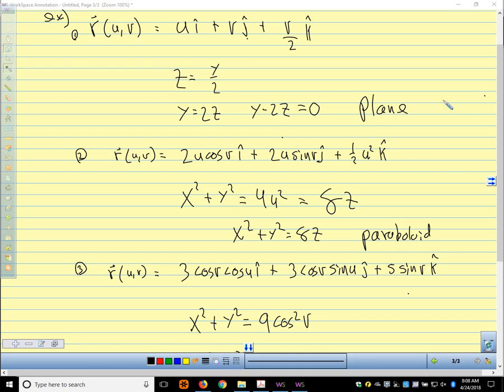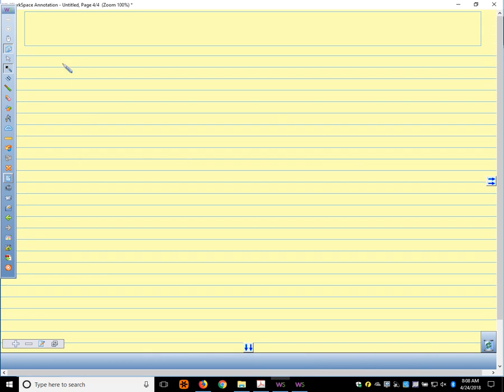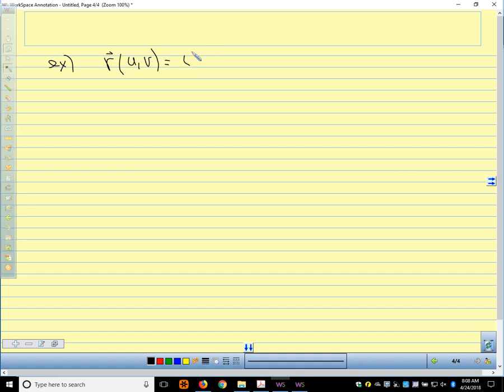It's an egg. All right, I am going to write an equation now, a parametric equation of a surface, r of u and v, equals u cosine v i hat plus u sine v j hat plus u squared k hat.